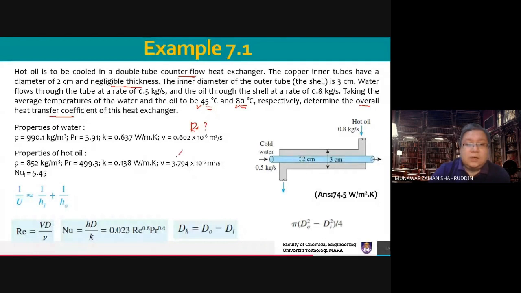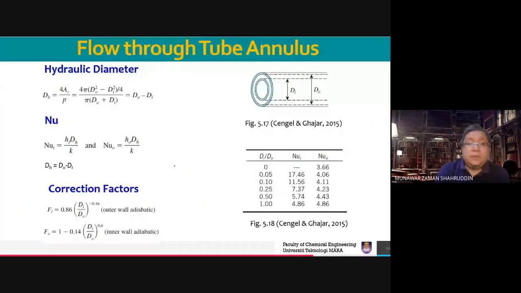This one don't have to sebenarnya because it is annulus. So the hydraulic diameter is this one. And Nu naught is basically based on D yang ni, ini. Based on ni Di bagi D naught. So don't have to determine the Reynolds number pun lah untuk ni.